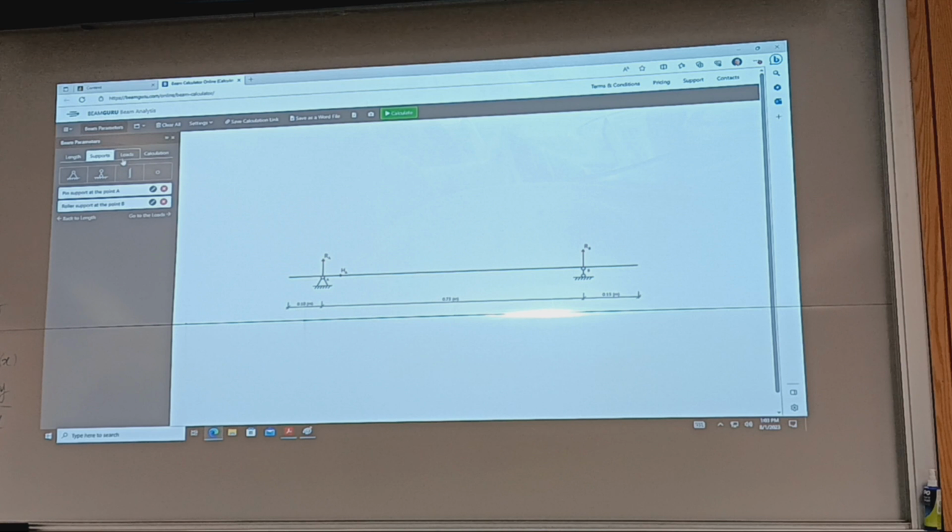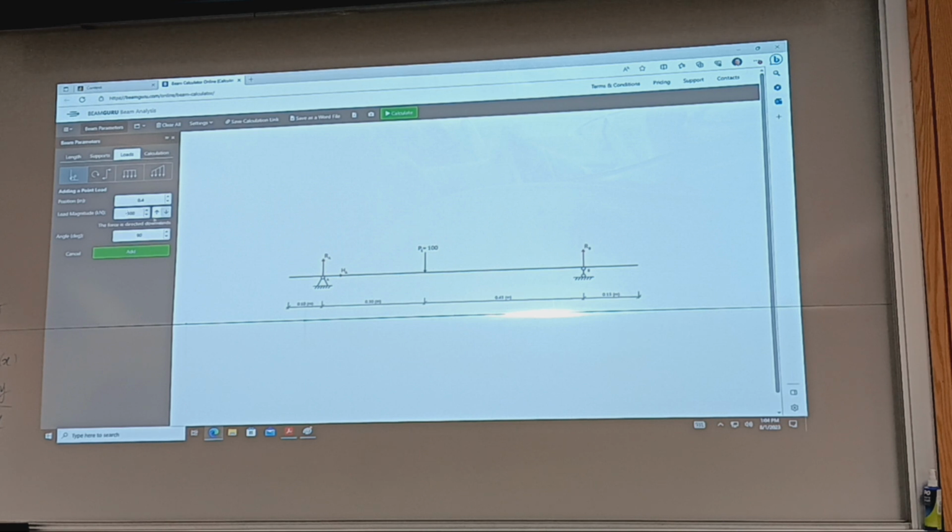Add. And then I have loads, an assortment: forces, which could be at an angle, moments, distributed loads, constantly distributed or linearly distributed loads. So I can put a constant force straight down, and the position would be like, say, 0.4, in magnitude let's say 100. And if I put a minus in front, it flips. And I add it, and then another load.